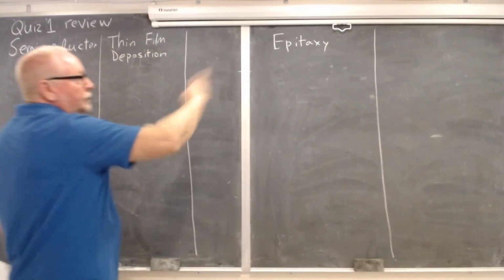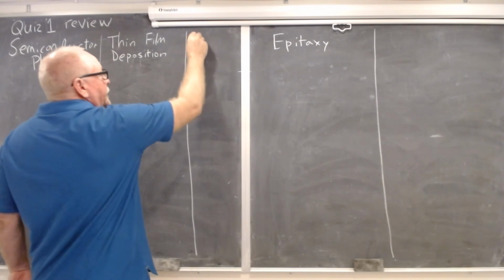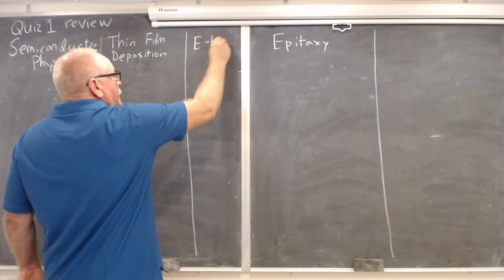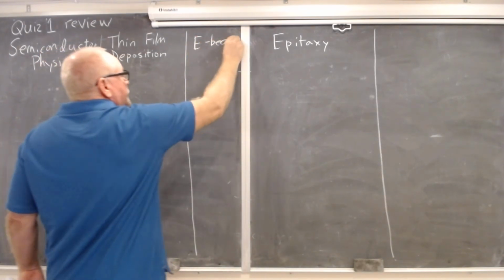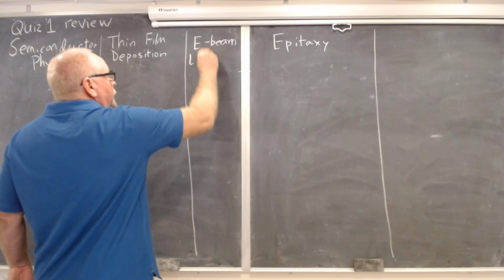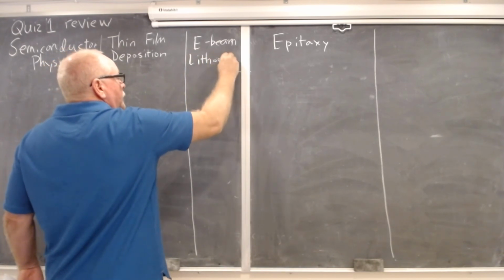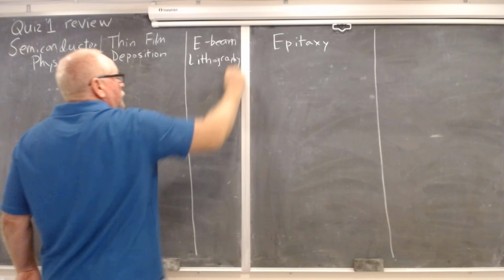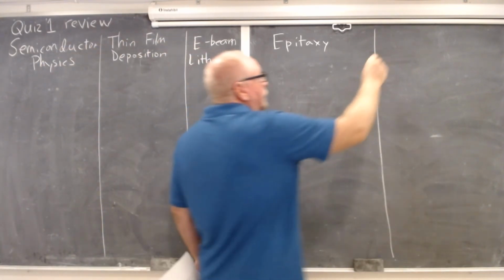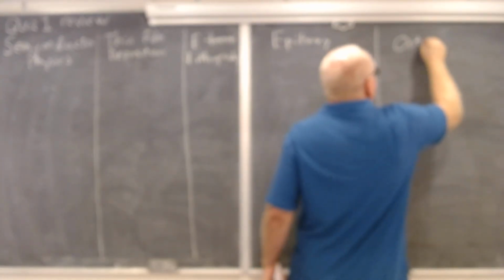We're going out of order here because we just went over e-beam, and there are only a couple of things to remember there. And then optical lithography. And so we can divide the board up.